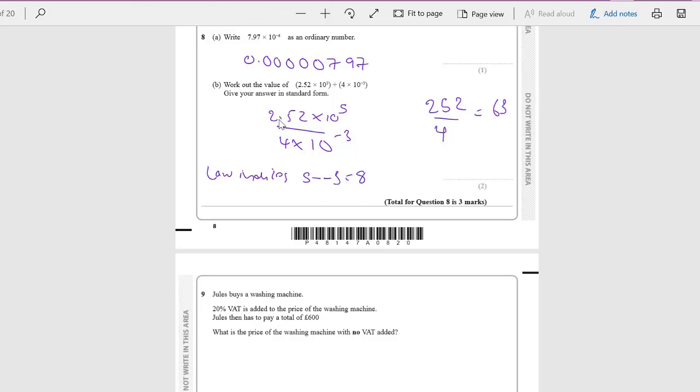So because we divided 252 by 4, we got 63, which we can write as 0.63 multiplied by 100. Now to write it in standard form we move 63 to 6.3, and we want to multiply it by 10 to the power of 8, so we can write 6.3 times 10 to the power of 7.